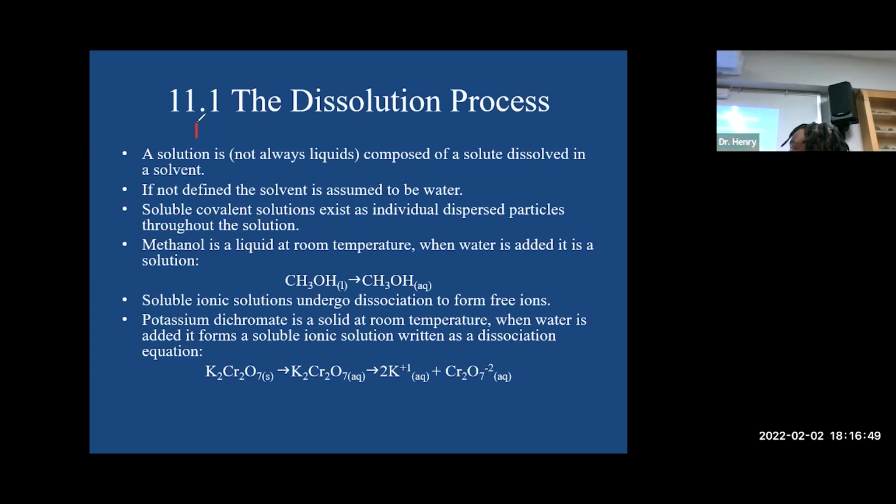So if we have sodium, and then we have water, so we know that sodium is going to interact with the oxygen.